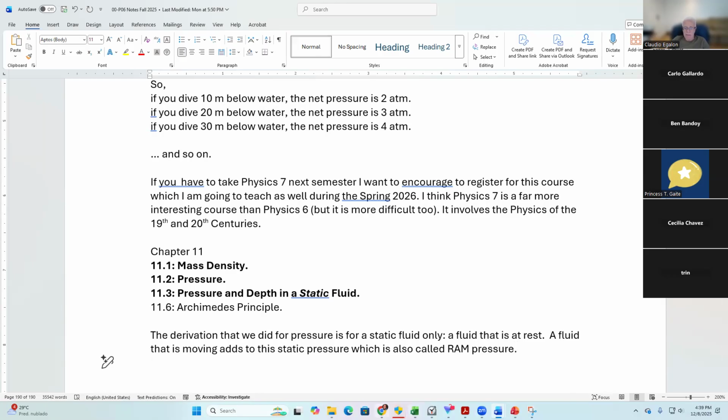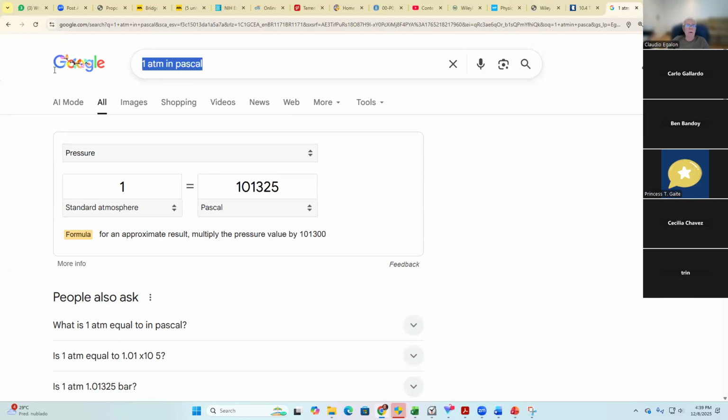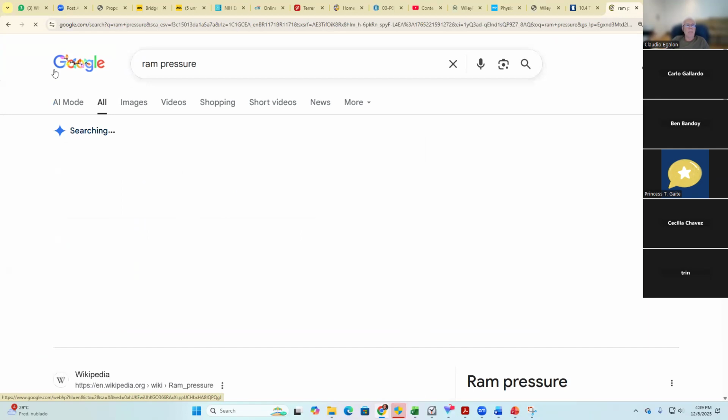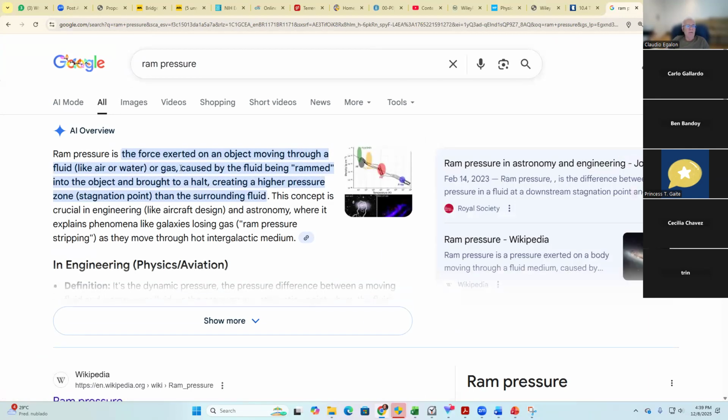Okay? Let's take a look here at the internet. Ram pressure. What is ram pressure, right? Ram pressure is the force exerted on an object moving through a fluid, due to the relative motion of the fluid with respect to the object. If the object is moving through a static fluid, it still feels a ram pressure. But you can have the other way around: the object can be at rest with respect to the ground, and the fluid can be moving through it. So we're talking about relative motion.